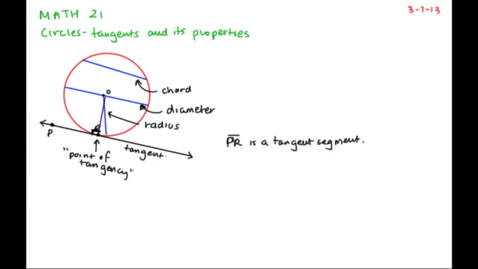A right angle right here. So if a radius intersects with a tangent line at the point of tangency, it's going to be a right angle. So with all of those settled, and we've covered all those definitions, let's get into some problems, and we'll do some properties on the way.